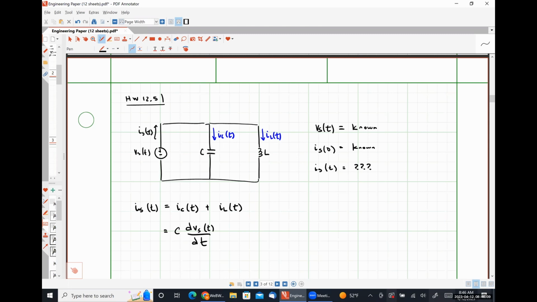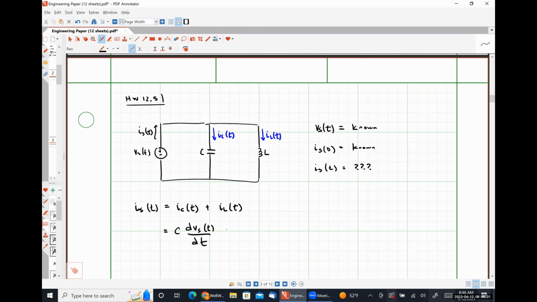What's the relationship for an inductor? But we don't know the current. We know V. So it's not going to be the derivative-based relationship, it's going to be the integral-based relationship. Right?